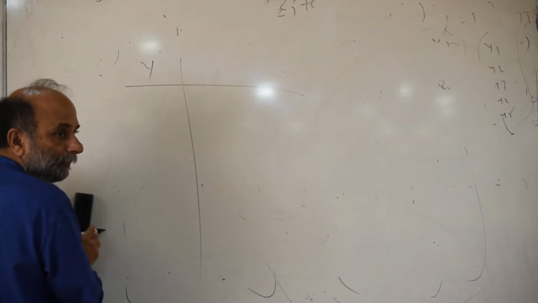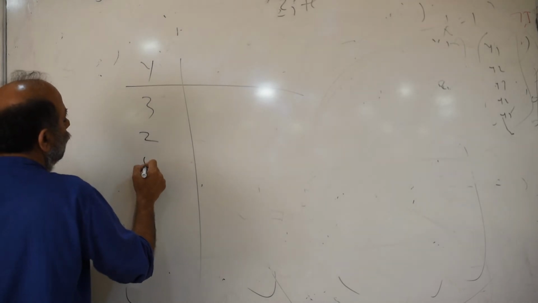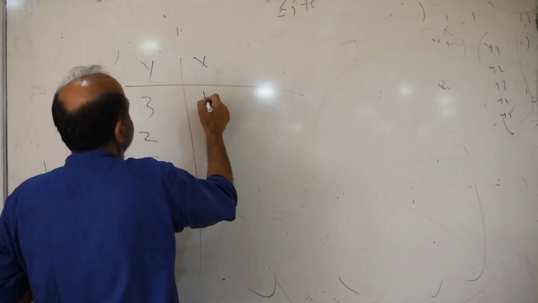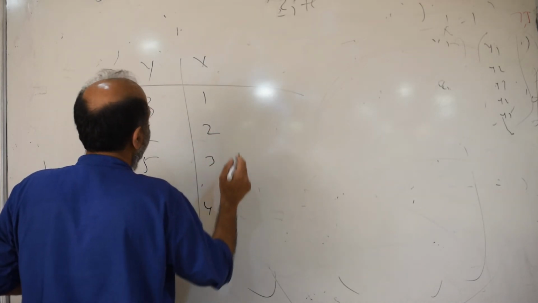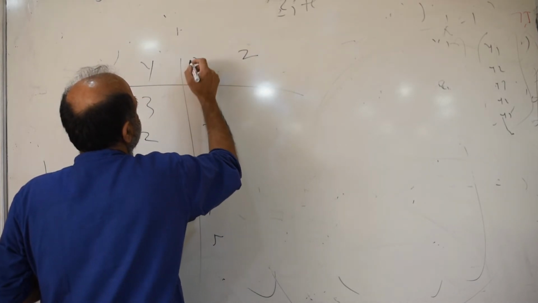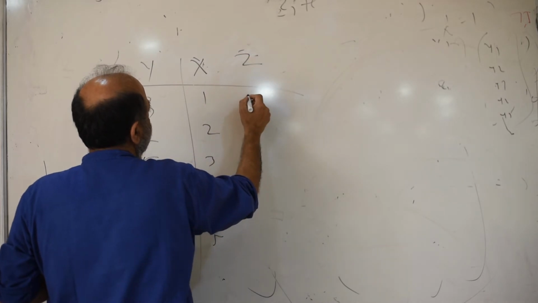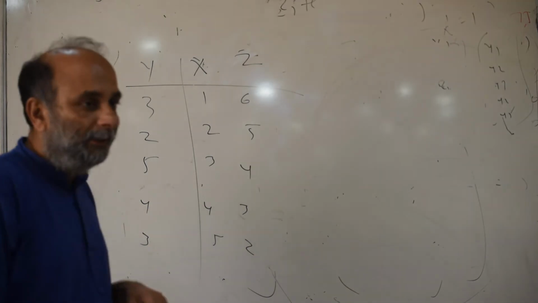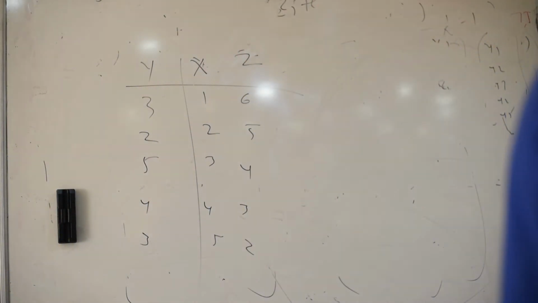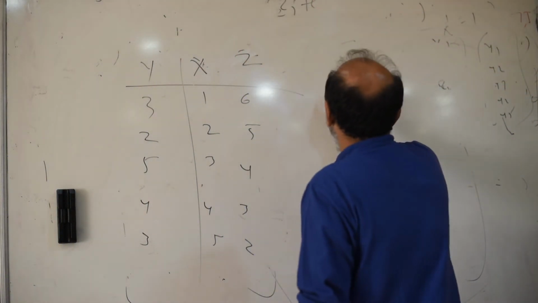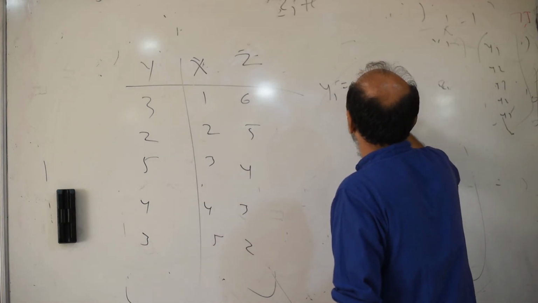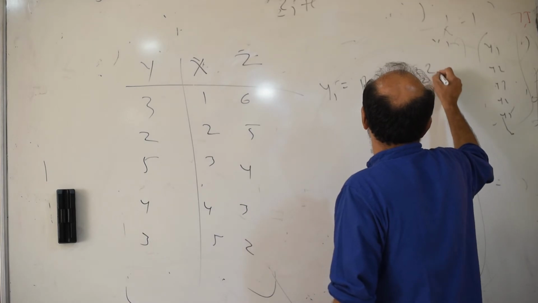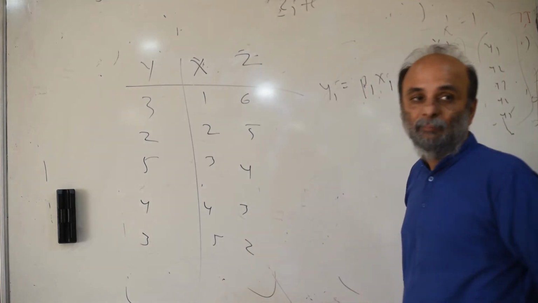So you have y, 3, 2, 5, 4, 3, some numbers, right? X is 1, 2, 3, 4, 5. Z is 6, 5, 4, 3, 2. Right? Okay? Your regression model is yi is equal to beta 1 xi plus beta 2 zi plus ei.